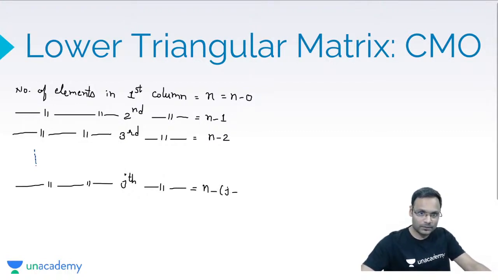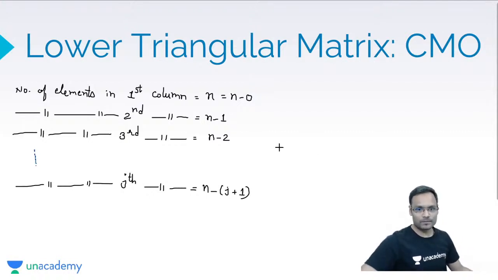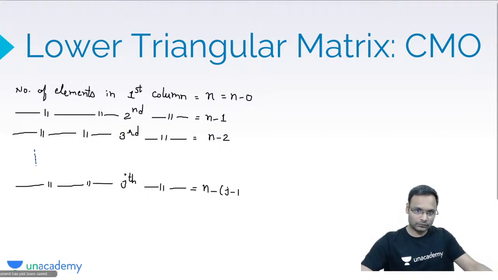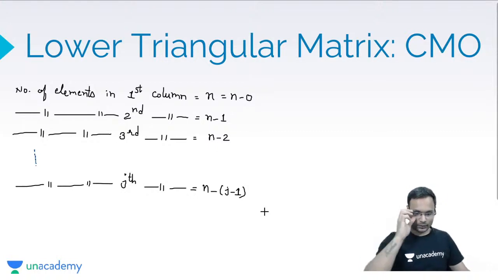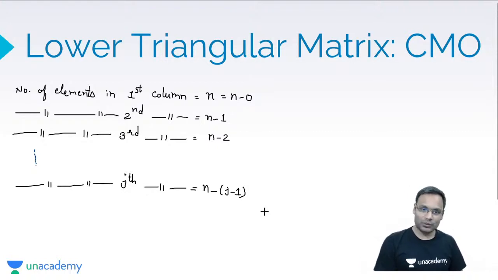Can I say j plus 1 or j minus 1? j minus 1 here. j is equal to 1, 1 minus 1, 0, n minus 0. j equals 2, 2 minus 1 is 1, n minus 1. j equals 3, 3 minus 1 is 2, n minus 2. So n minus j minus 1, or you can say n minus j plus 1 outside.